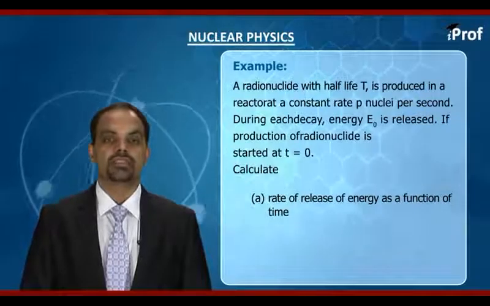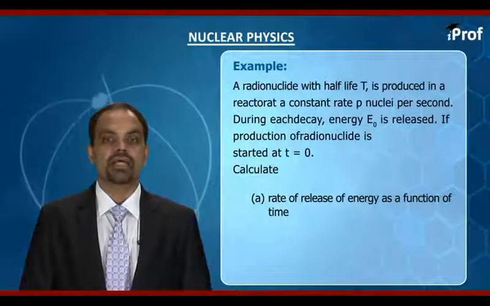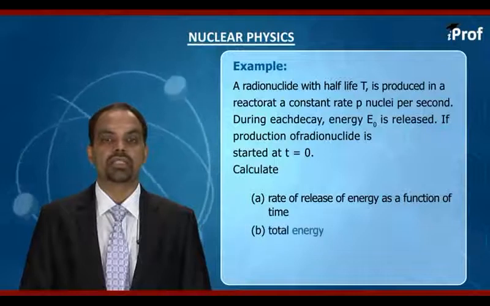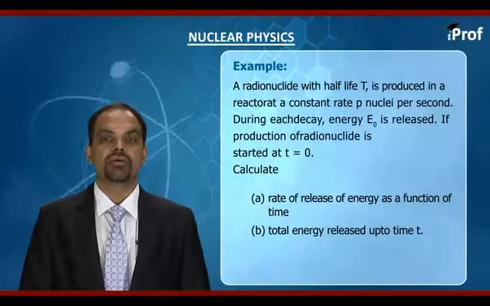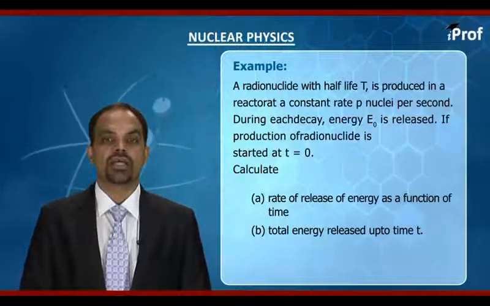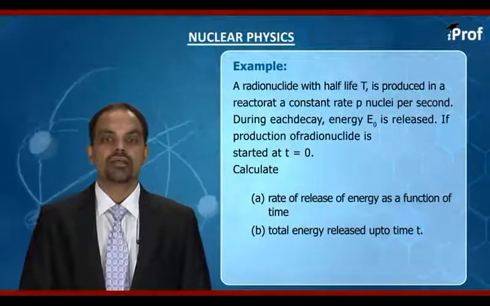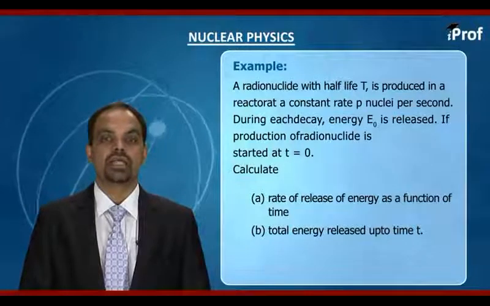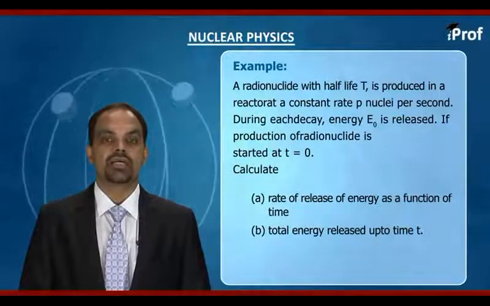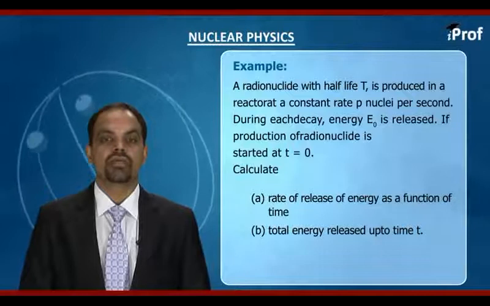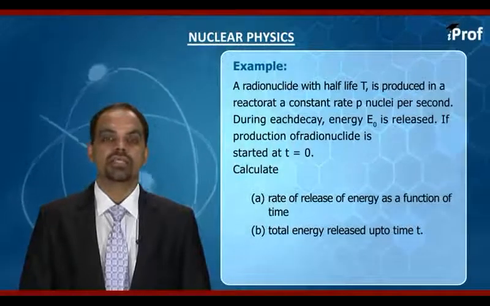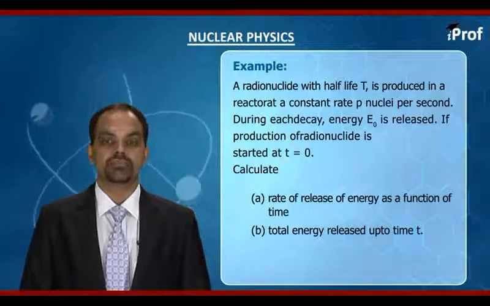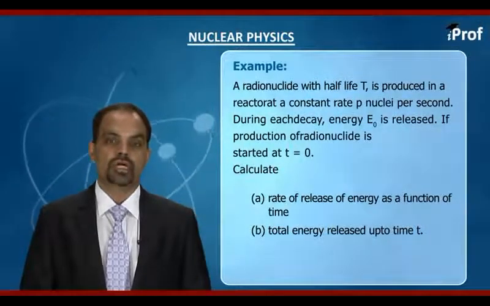Let us assimilate what is given and what is to be calculated. In the question we have a mention of radioactive nuclei being produced in a nuclear reactor at a constant rate. Also we are given the amount of energy released in each disintegration, and there are two parts of the problem.